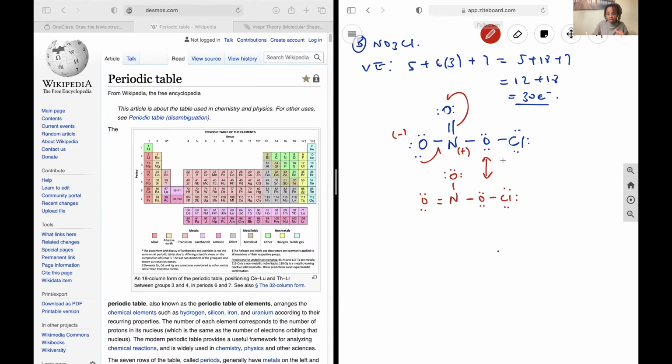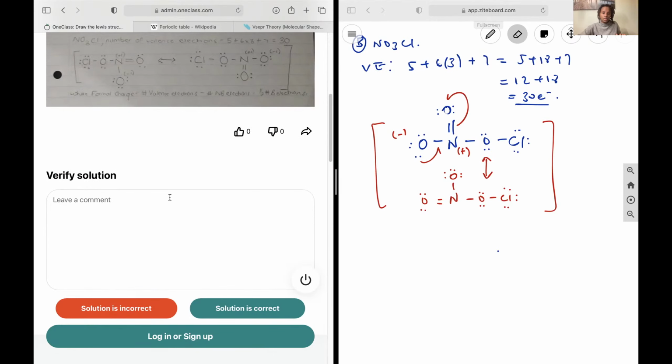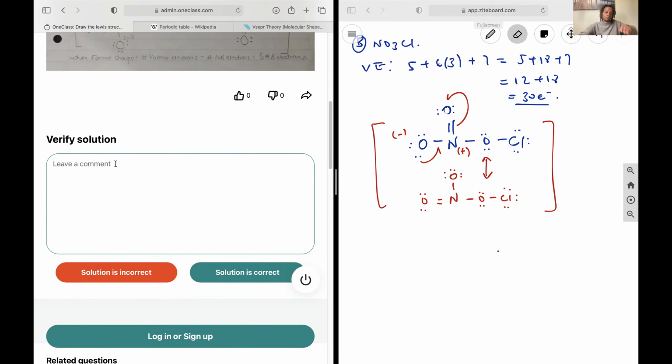And then to just show the resonances, I just have that sign in between them. It would usually be horizontally, not vertically. I just wrote it this way because that's how I drew it out on the page. And that is going to be it for this question.